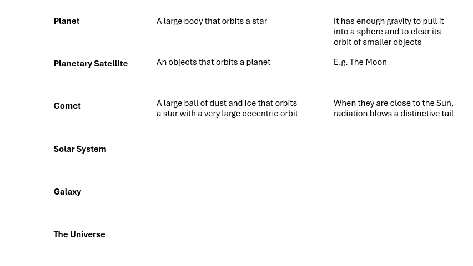When they're close to the sun, then the solar wind creates this very distinctive tail. And also bits falling off creates a tail. Comets have two tails. Solar system, a star and all the stuff that is in orbit around the star, which is planets and dwarf planets and asteroids and comets, etc.